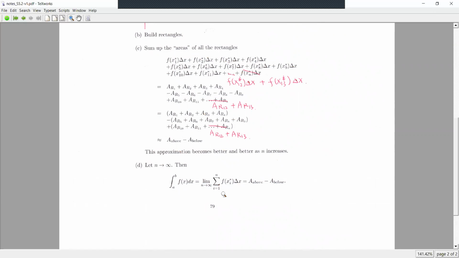But this limit, by definition, is this integral. So that's why we say that when a function is a general function, the integral of the function from a to b is the net area of the region between the graph of the function and the x-axis and between a and b.